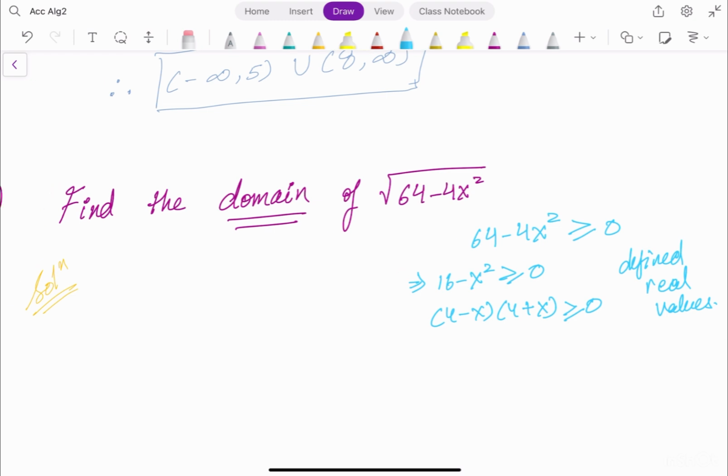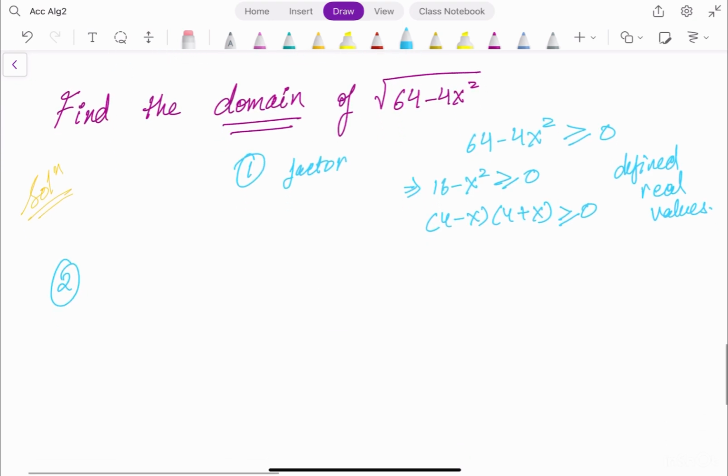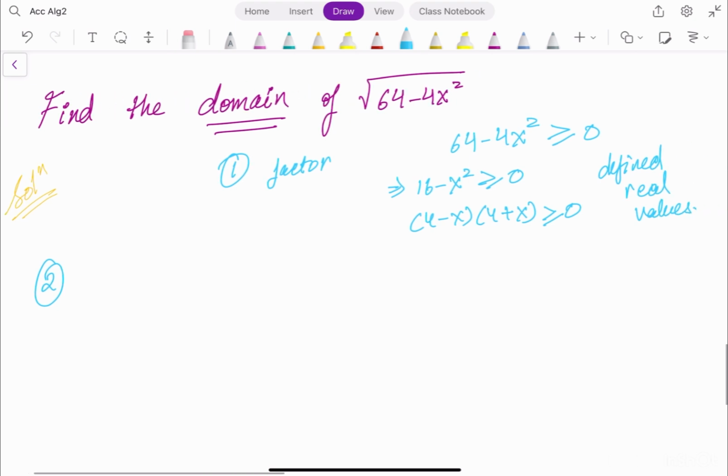Step number 2 is to write the critical numbers. So what could be the critical numbers? Critical numbers will be negative 4 and 4. Negative 4 and 4. Now step number 3.